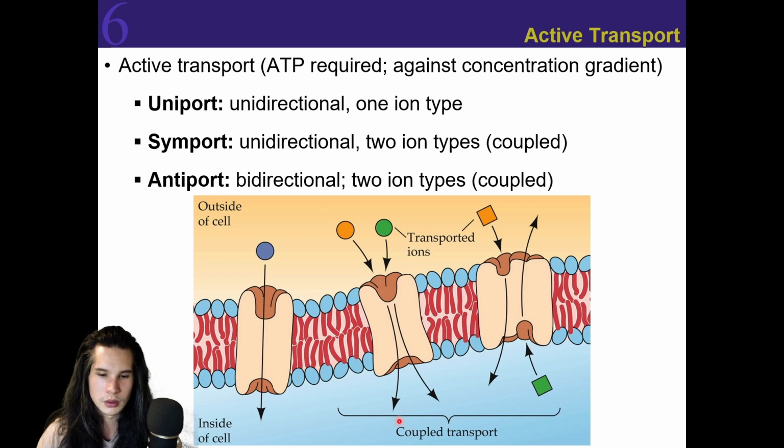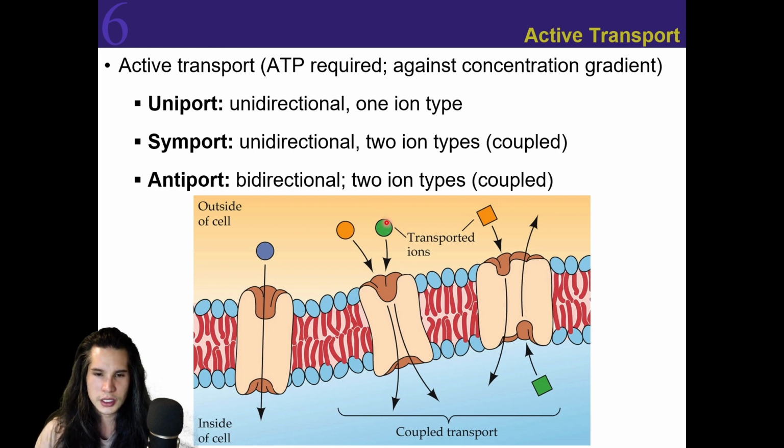They're coupled. So let's say, like this orange one and this green one. Let's just say your orange one has a large amount on the outside and maybe a small amount on the inside. That would be moving down its concentration gradient. But let's say this green one, there's more green on the inside than on the outside.